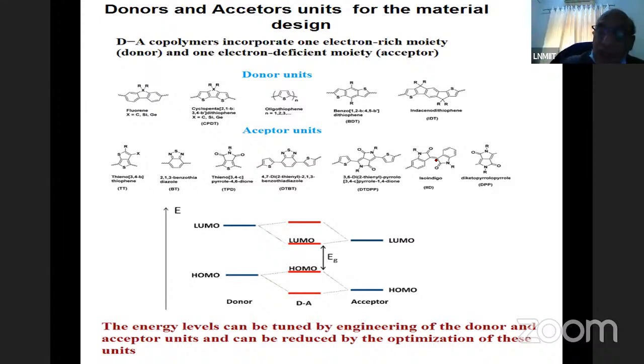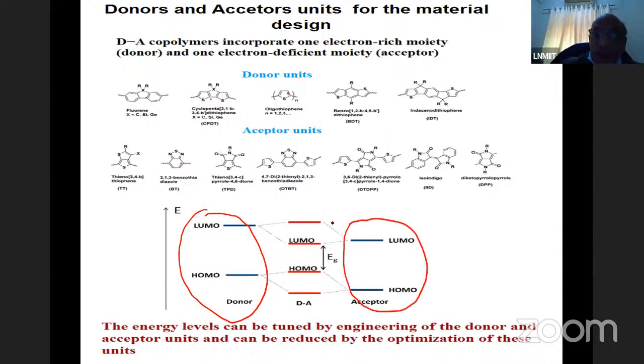So if you want to make a molecule, we can combine this and this, this and this, this and this. So there is a lot of flexibility to design a large number of small molecules or polymers. Now you can say that this is your donor here, maybe any of them, and this is your acceptor here.